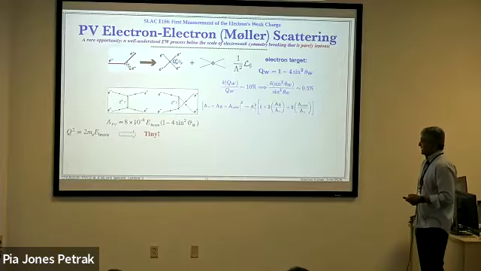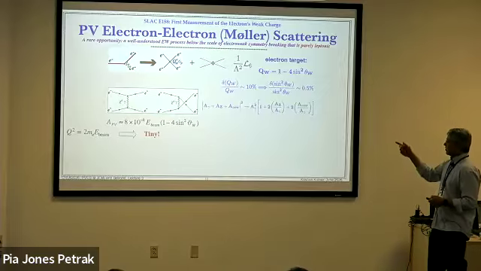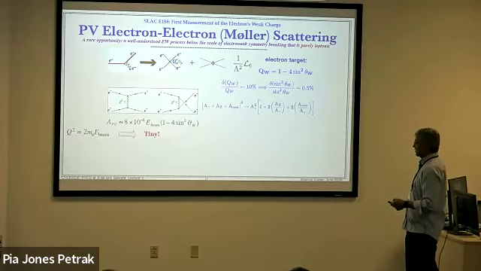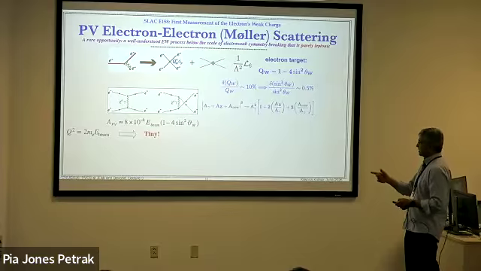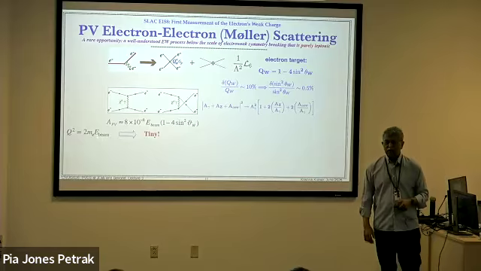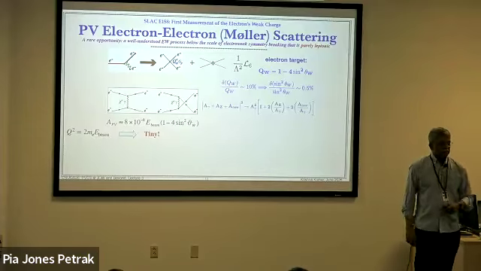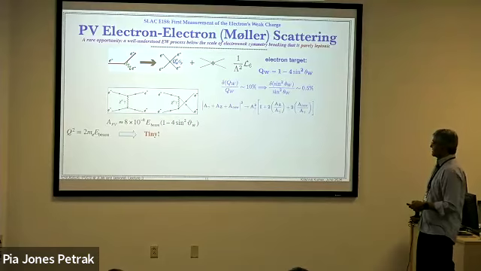The asymmetry is tiny for two reasons. One is 1 minus 4 sine squared theta W is small, and the other is because Q squared is small, because in fixed target, Q squared is 2 m_e times E beam, and m_e, because you have an electron target, is tiny, right? So this is like 10 to the minus 8 times the beam energy.